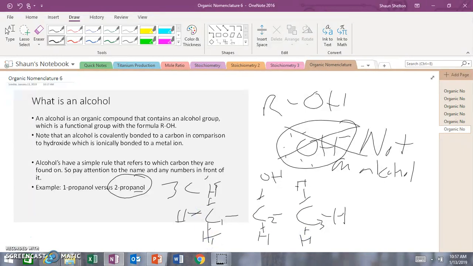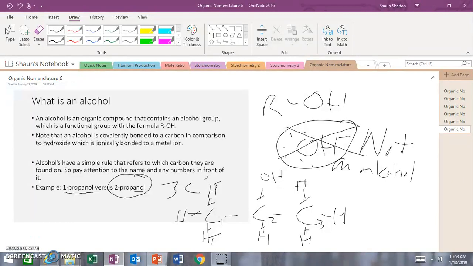Now what exactly if we go back to the other example here, 1-propanol, what do you think the formula would be for that? What do you think the structure would be for that? Now that's something I want to just talk to you quickly about the 2-propanol, just so you understand how to write the formula from this. So keep it simple. Don't try to say C3H-OH.